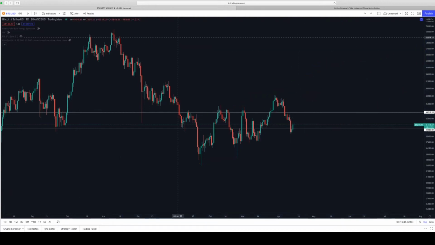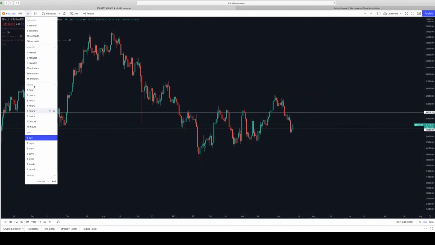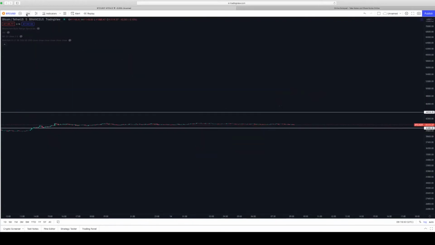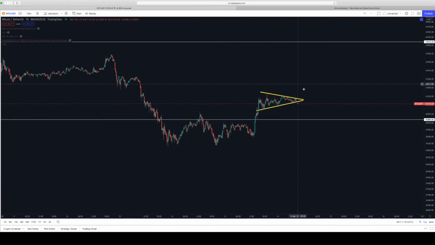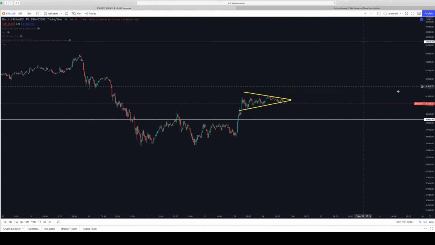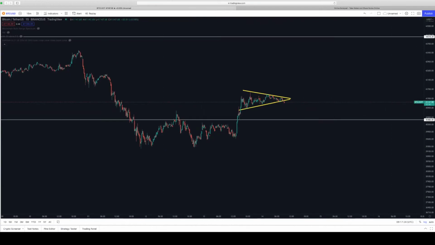If we move into a shorter term time frame, it's a shorter term time frame right there on the Bitcoin price action. We can see that we're breaking down below it. So that's a bull pennant, right? That's a bull pennant. We're on the 15-minute chart right now. 1 candle equals 15 minutes. And we see that we're recently just breaking down below this bull pennant. So people will say bull pennants have a 64% chance of breaking to the upside.